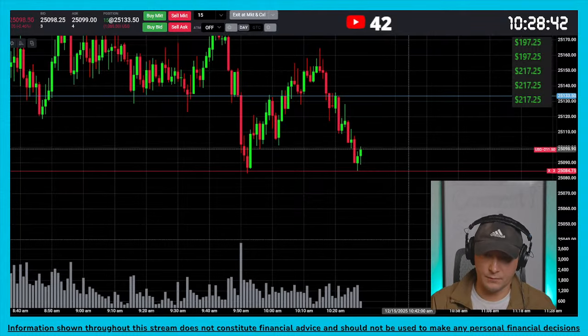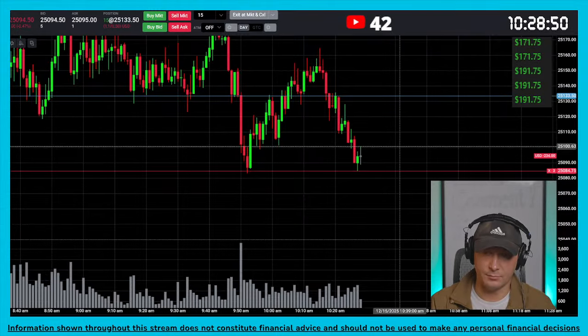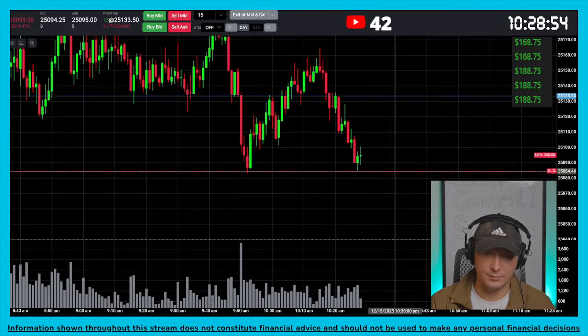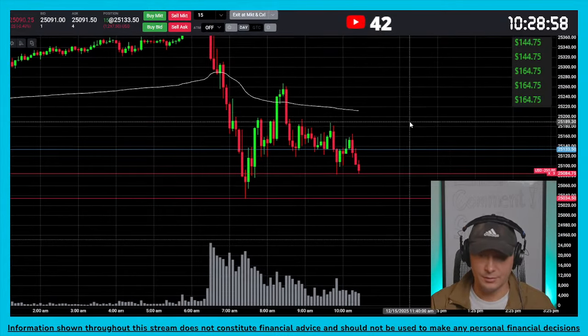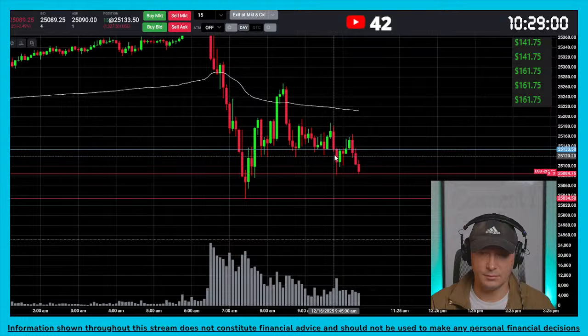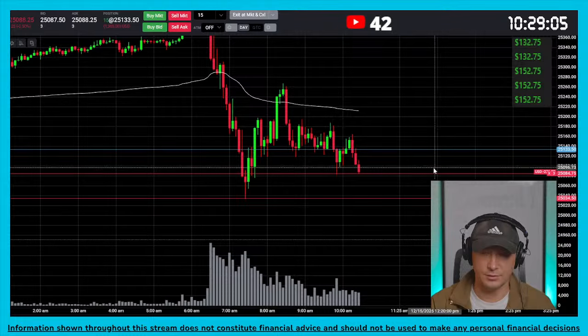It's below 25,100. Little tiny bounce here, about 15 points from the bottom. If it becomes resistance now, rejects under, yeah, looking bearish. Overall, it not holding this level here is bearish.